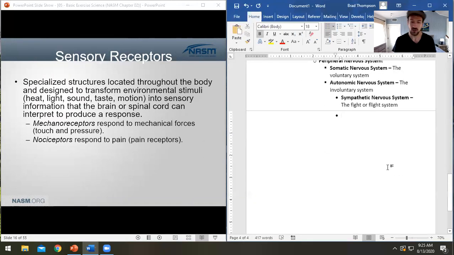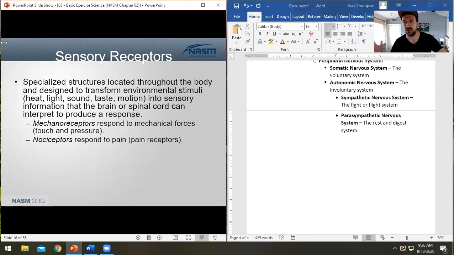It's like, oh, we're hot, cool down. And then we have the parasympathetic, which would do the exact opposite. Like once I'm done exercising, my parasympathetic would be the rest and digest system, right? That's going to say, okay, we don't need to use any of that heavy duty stuff anymore. We can go ahead and relax. Let's relax and turn the digestive system back on. And that's what's kind of cool.